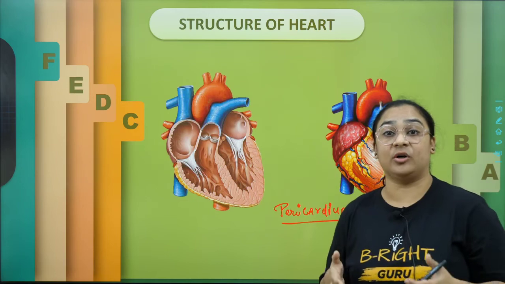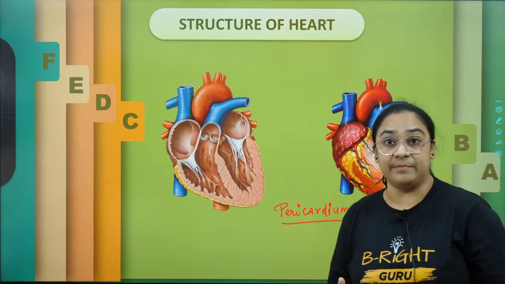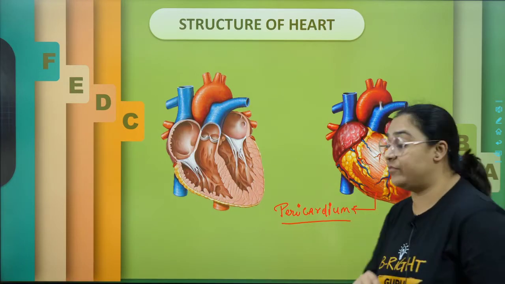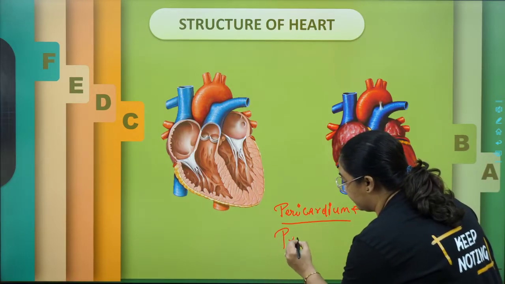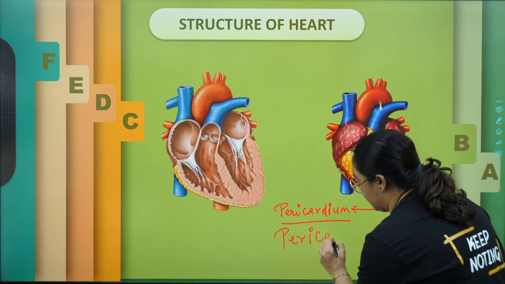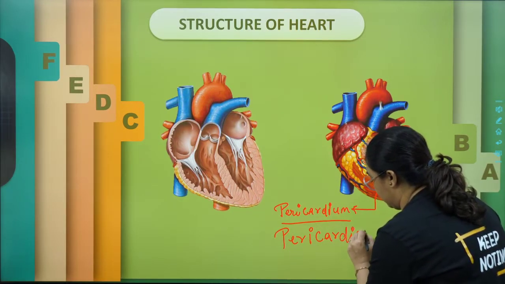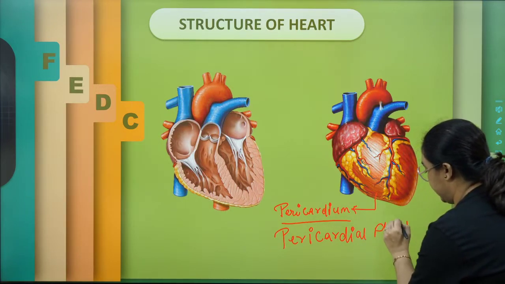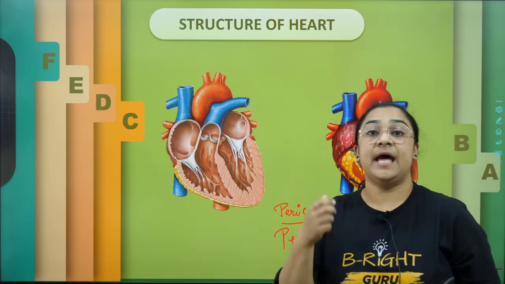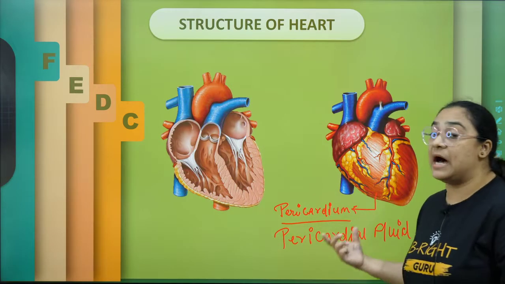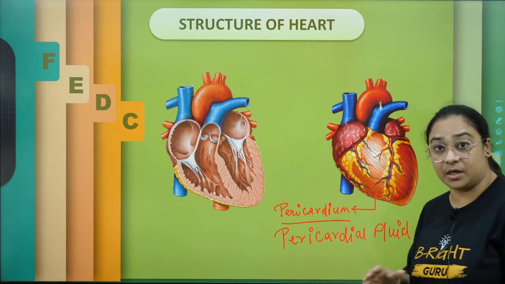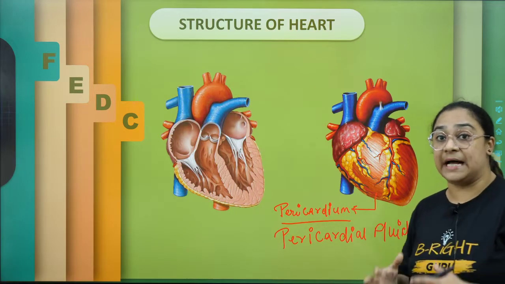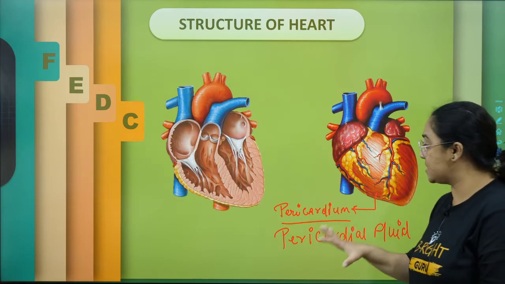It is the outer covering of the heart, which is a muscular membrane that is covering the heart, and there are two layers, outer and inner, which is filled up with pericardial fluid. This fluid will protect the heart muscles from external shock. Right, so as soon as we do this labeling, we understand its function and all its properties. So this is about pericardium.